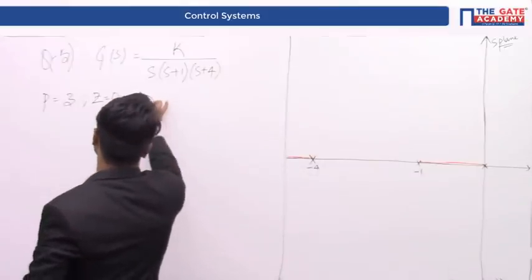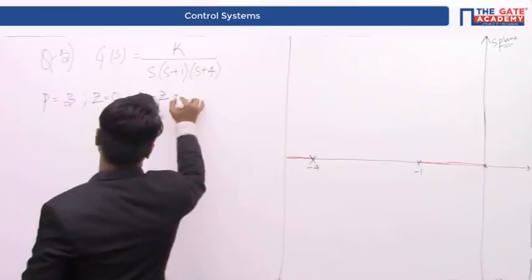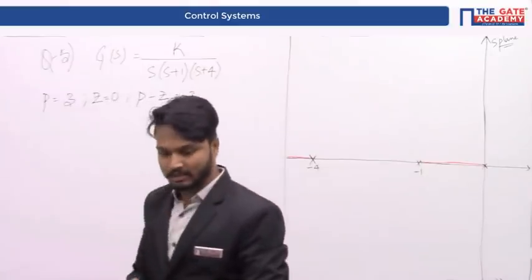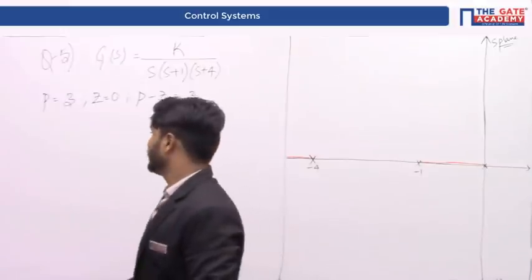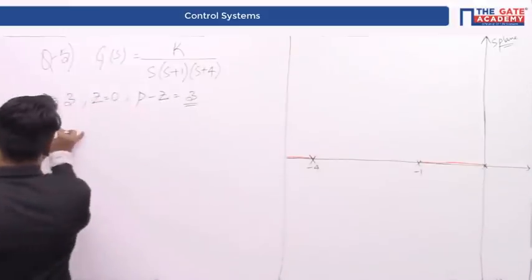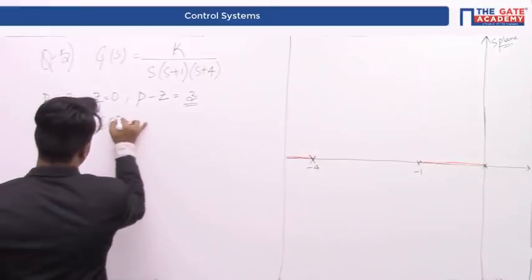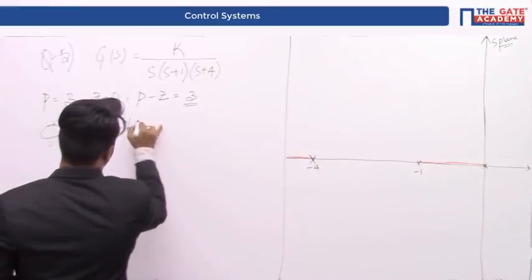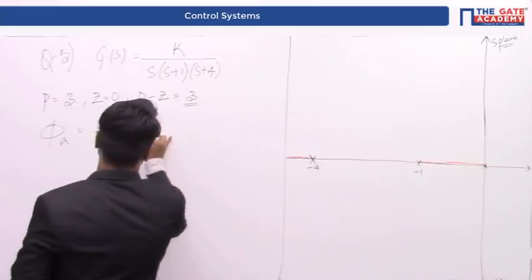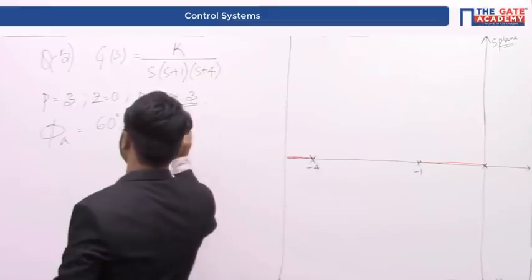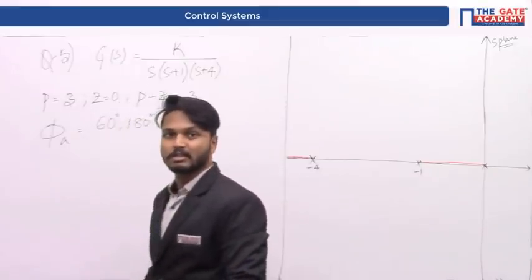Therefore, P minus Z is going to be 3. We have already seen this case in the previous example. If P minus Z is equal to 3, then the angles of asymptotes are going to be 60 degrees, 180 degrees, and 300 degrees, or else you can say minus 60 degrees.